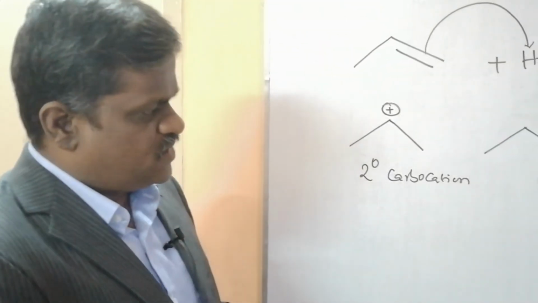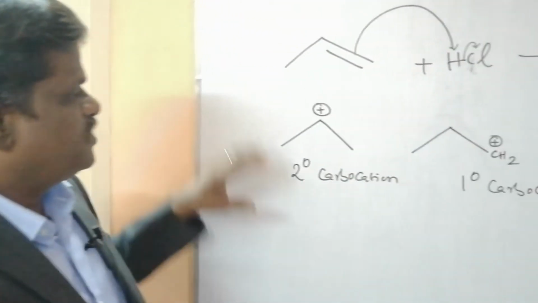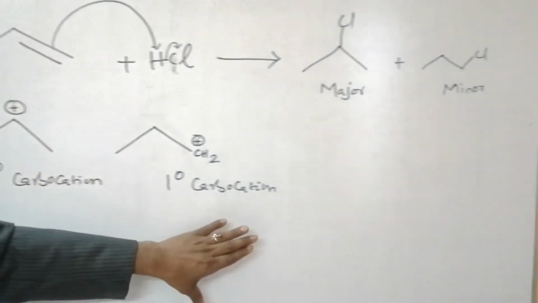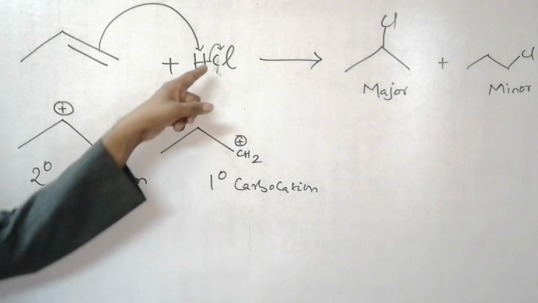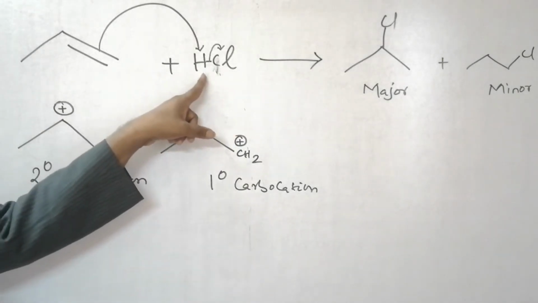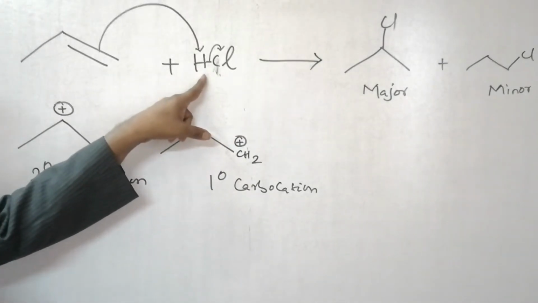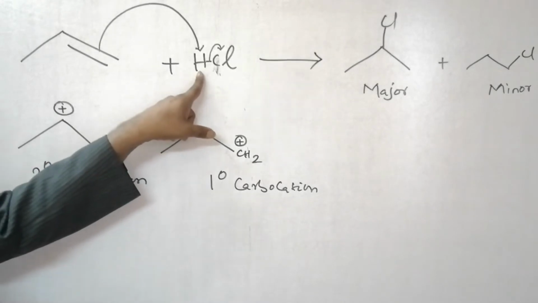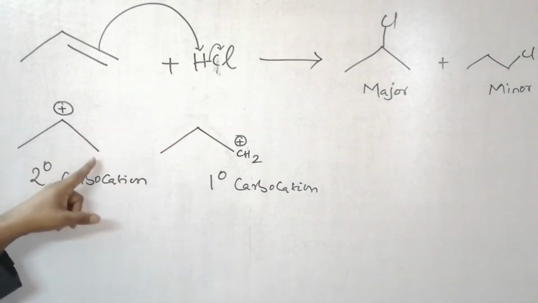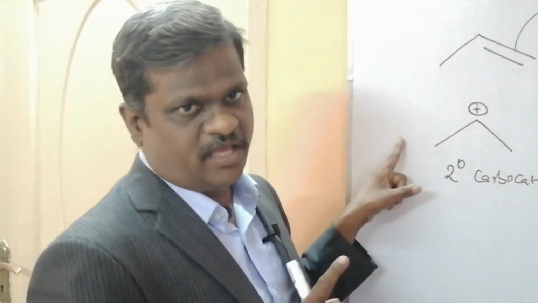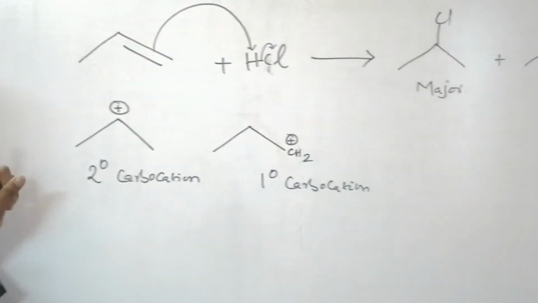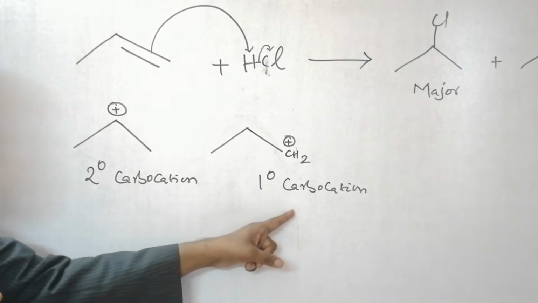You know the stability of the carbocation. The secondary is more stable than the primary. That's why this protonation is regioselective. This proton prefers to add at the terminal carbon and gives the secondary carbocation, which is more stable than the primary carbocation.